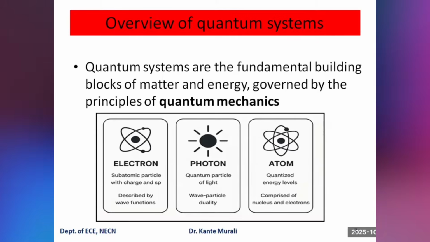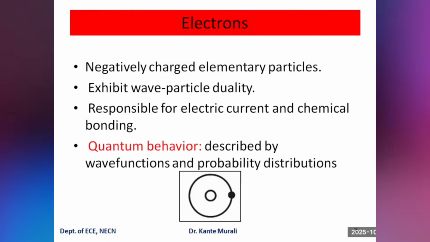That is the overview of quantum systems. All the quantum technologies are built on basic systems composed of electrons, protons, photons, and atoms. Let us see them one by one, very briefly. Electrons carry negative charge and exhibit wave particle duality, which is responsible for electric current and chemical bonding.